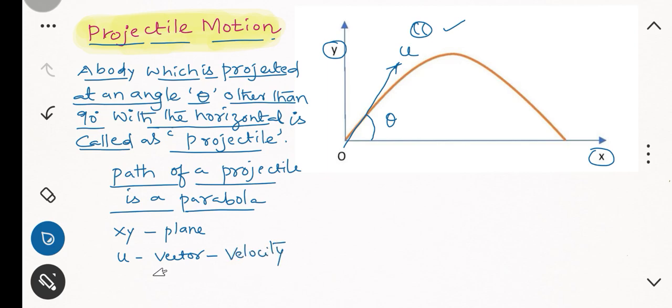In a plane, any vector can be resolved into two components. u is equal to ux i bar plus uy j bar.